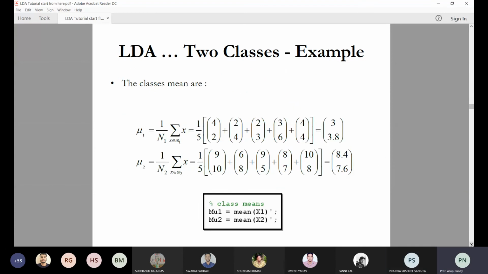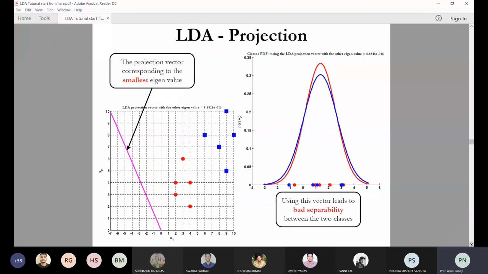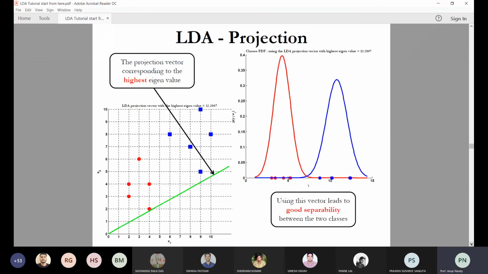Okay, very good question. So now this is your actual data, and this data is going to be projected onto that line. That is the green line.